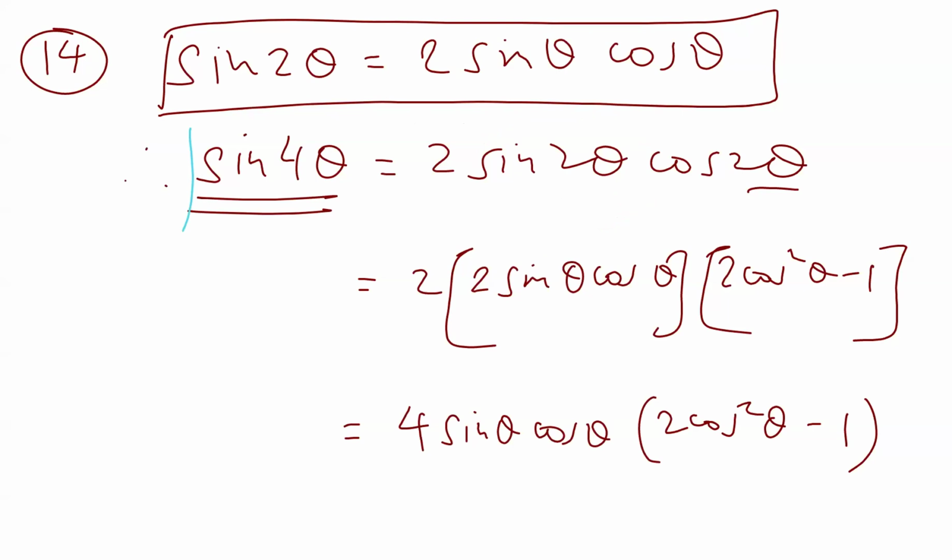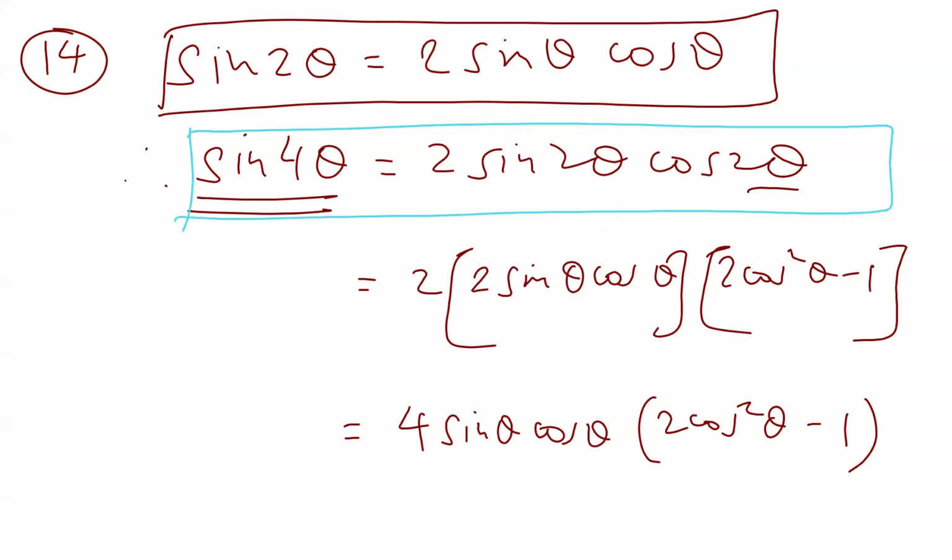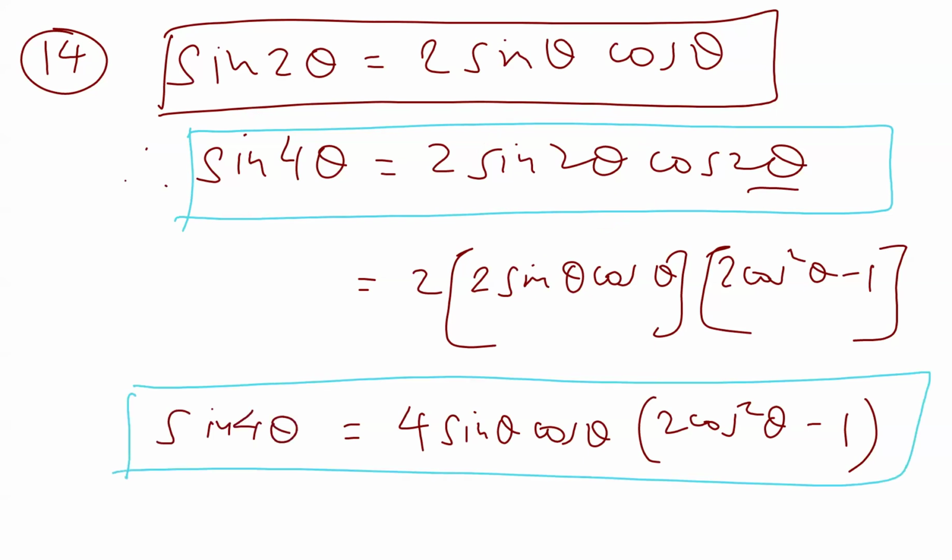Sine 4 theta is equal to 2 sine 2 theta cos 2 theta. And sine 4 theta can also be written as 4 sine theta cos theta into 2 cos square theta minus 1. So sine 4 theta in terms of 2 theta, and in terms of theta, with theta throughout on the right hand side. Okay. Next thing is cos 4 theta.